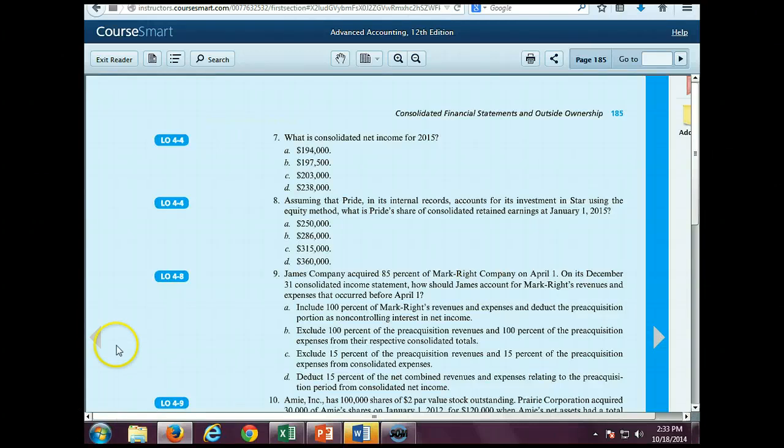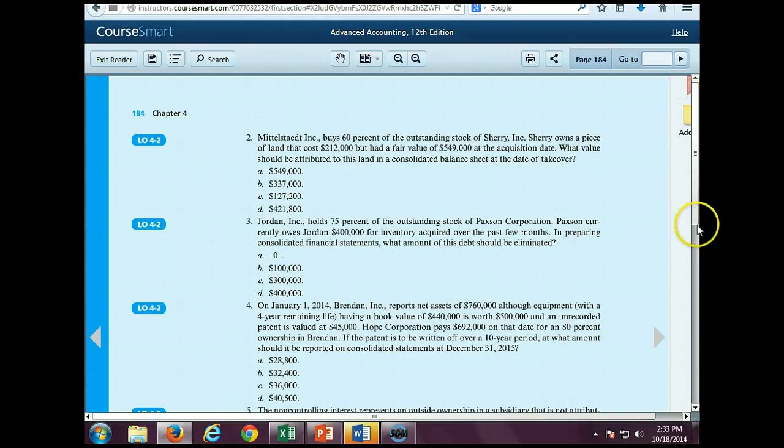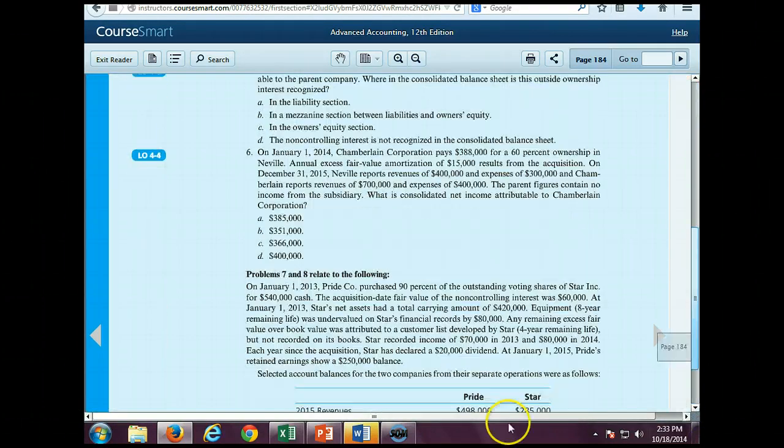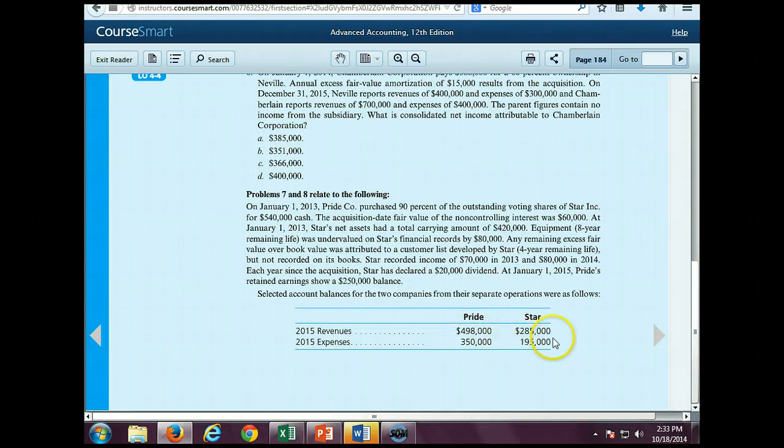So don't we need to take the 498 plus the 285, those are the revenues, which would be 783. Am I right? 783. And the expenses are 545.